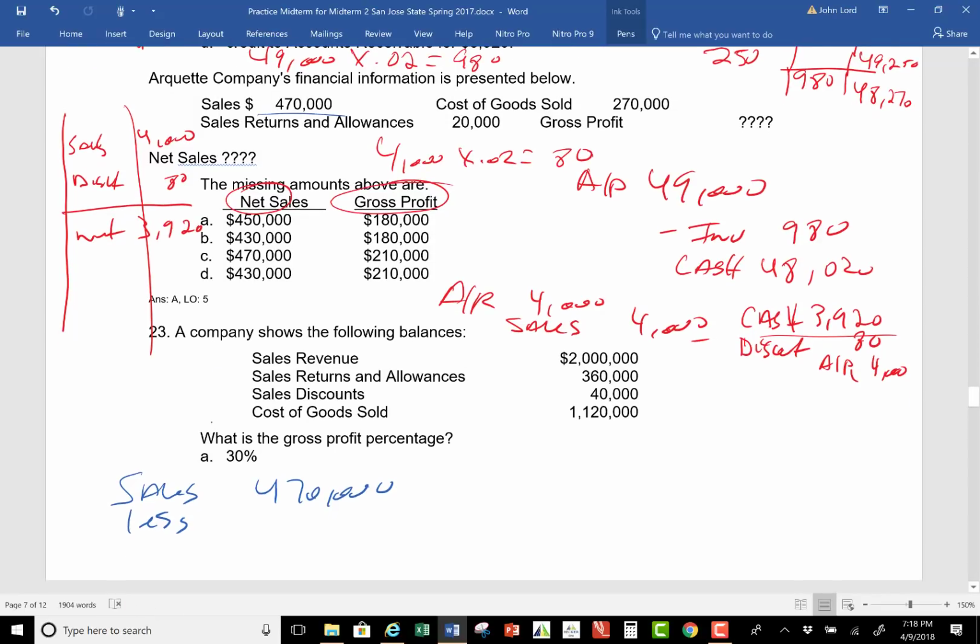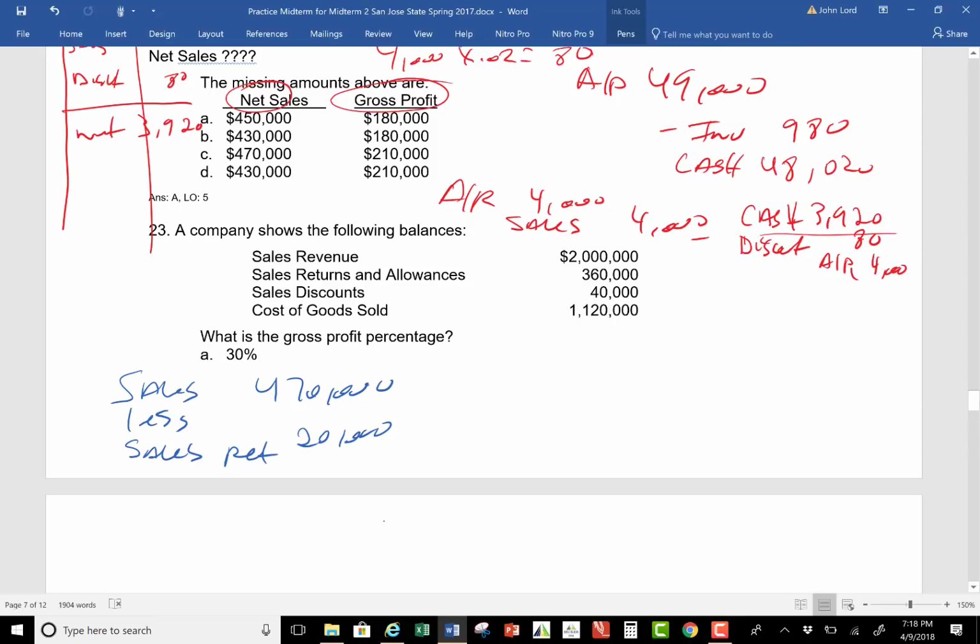I guess we didn't have any discounts. Less sales returns of 20,000. Okay, good. So that gives me net sales here of 450. Right?